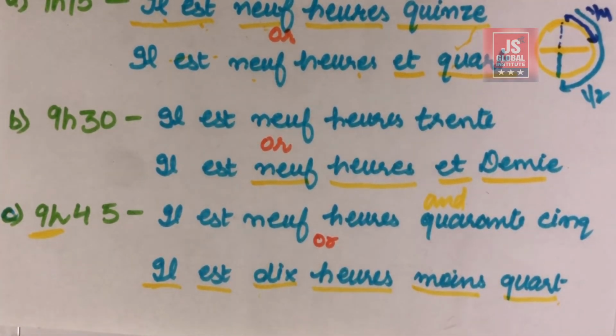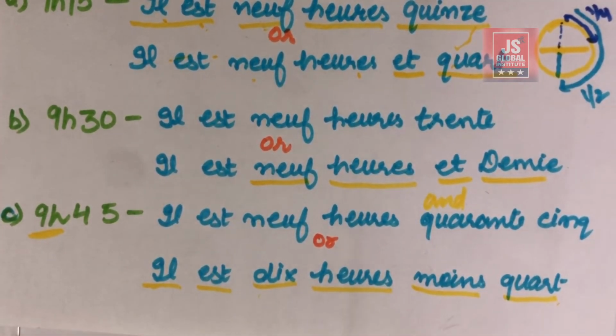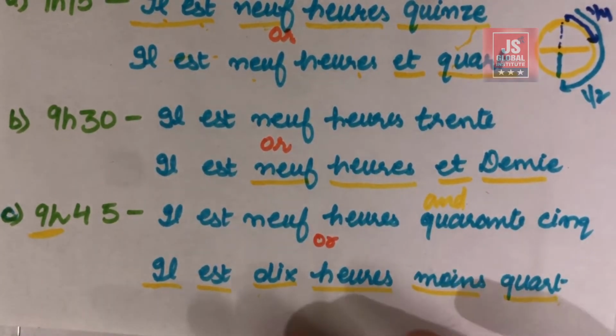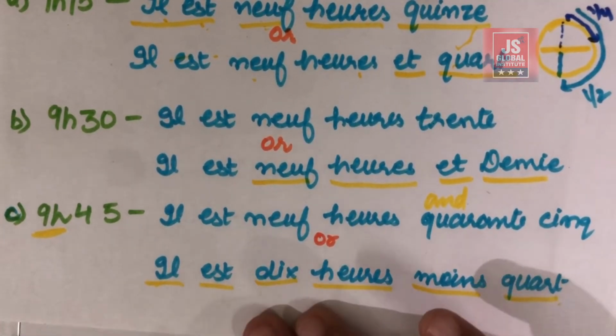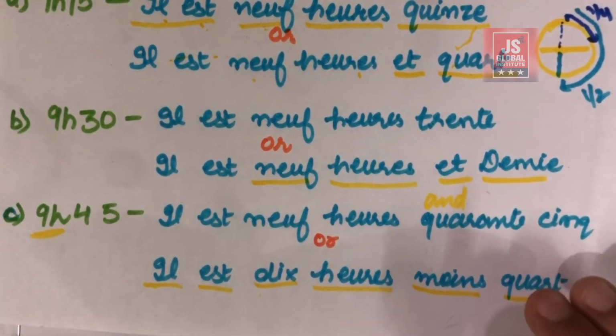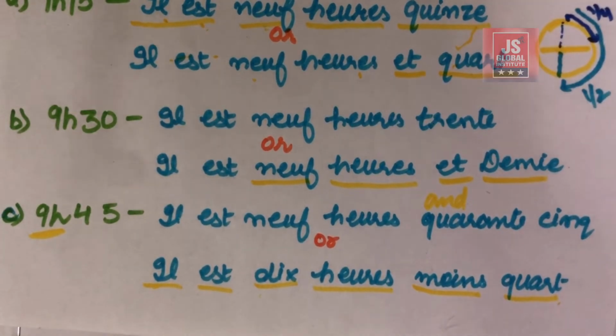So this means that a 1/4 portion is less to be 10. You need not follow the exact translation. This means 15 minutes are left to 10. So you can opt for either method to represent time. Now we are going to move towards further examples so that you can have a clear picture of the time.